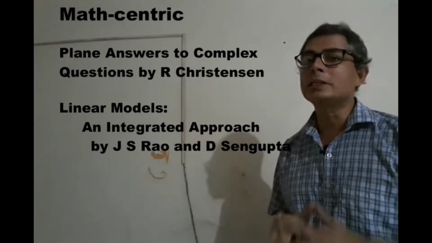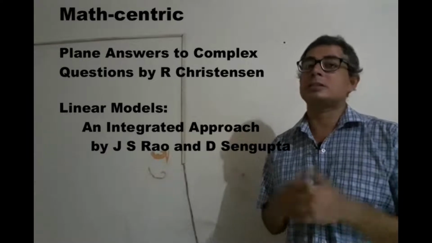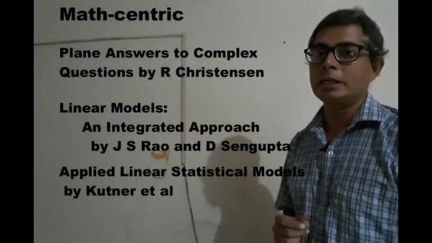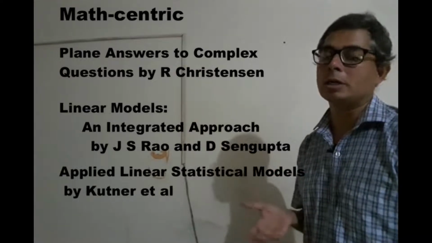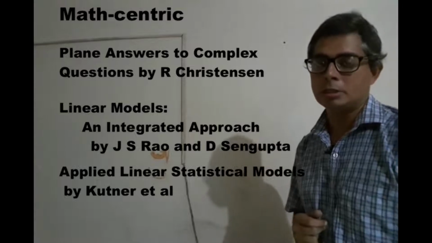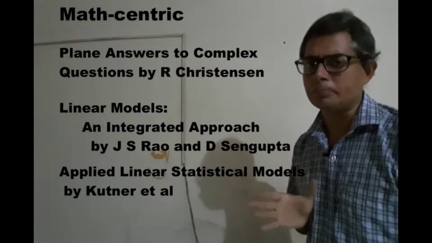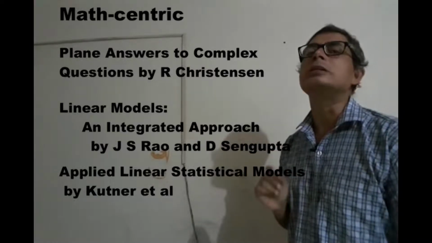If you read through these books, then they feel more like linear algebra books than statistics ones. Another book of this category is Applied Linear Statistical Models by Kutner and three other authors. This rather thick book, which is around 1400 pages, goes into great details but is somewhat dated.